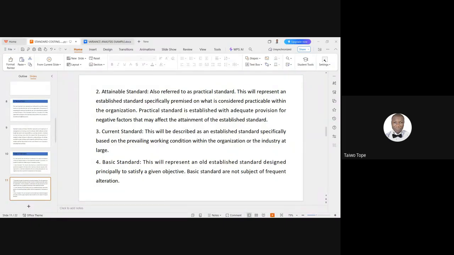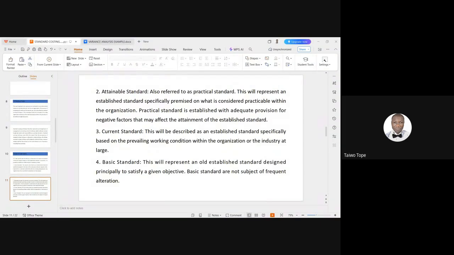These are standards that have been set, even though technology and time have made them outdated. But still, certain persons want to keep such standards because maybe they have been helpful to them, and they don't want to upgrade to the modern trend. So basic standards are long-term standards that have been set over time and they rarely change.